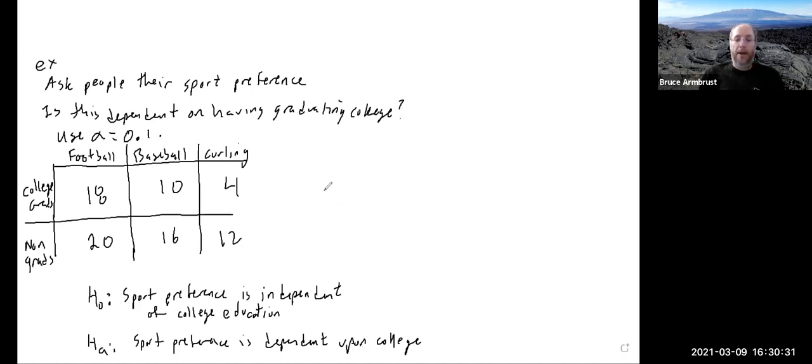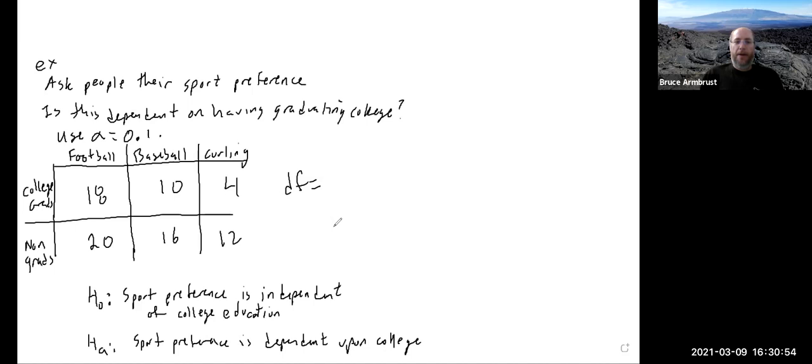But before we get there, what's the degree of freedom here? I can see the chat box, by the way, so you can throw it in there. I know we don't need to decide it because the computer will tell us, but let's practice it.